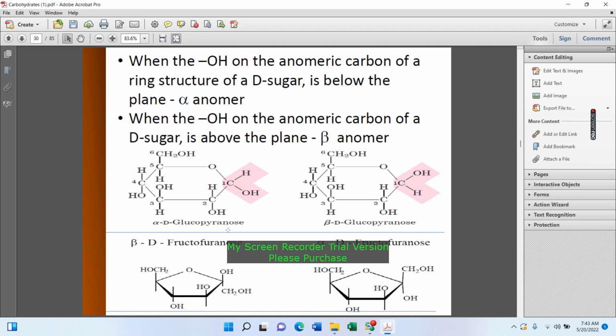So when the hydroxyl on the anomeric carbon of a ring structure of a D sugar is below the plane, it's called the alpha anomer.